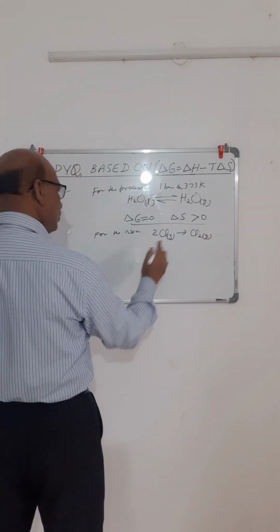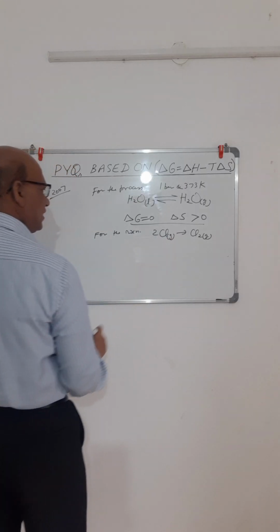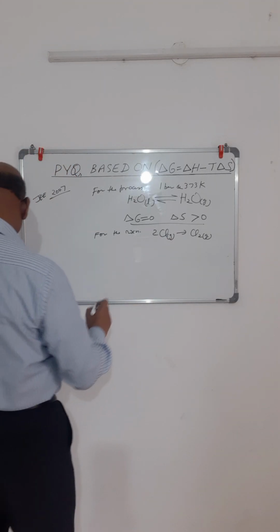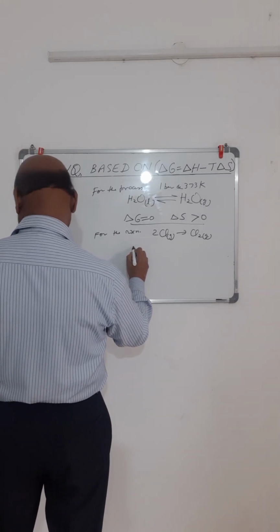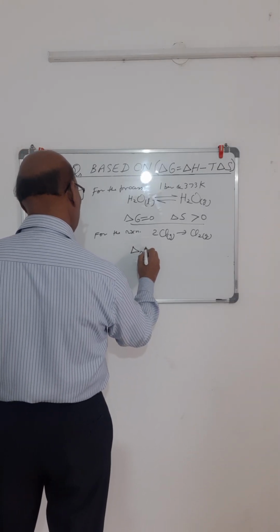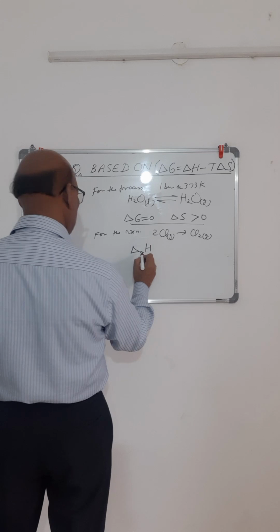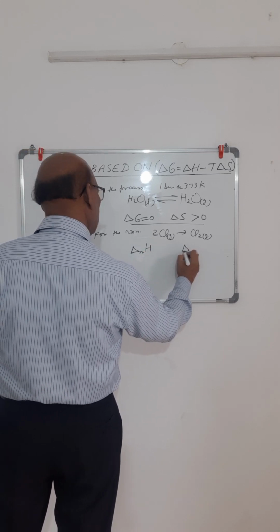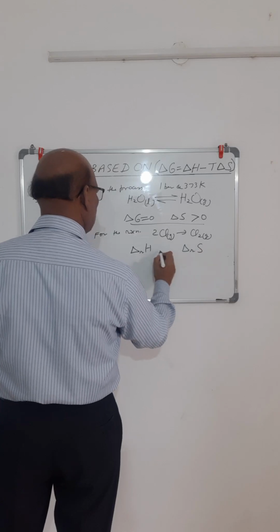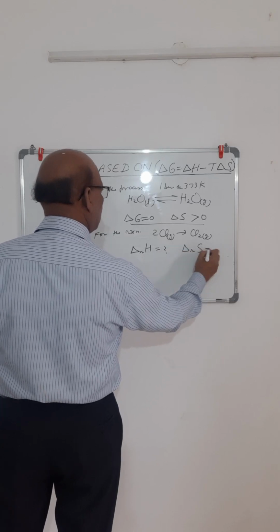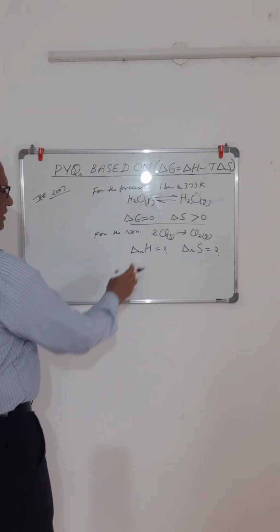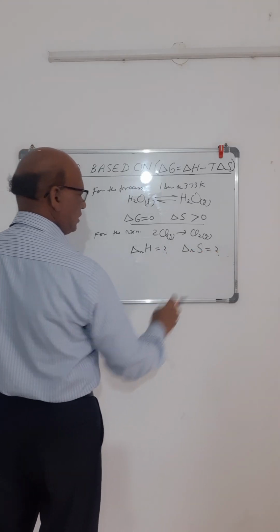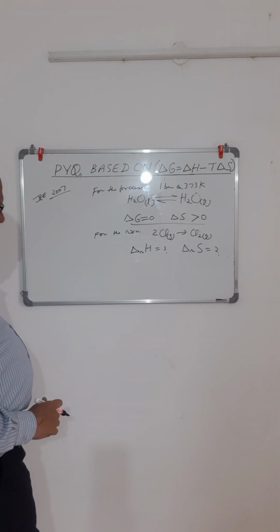Means there are two chlorine atoms combining to make a chlorine molecule, and we have to find the correct sign of delta RH, means heat of reaction, and the sign of delta RS, whether it will be 0, negative or positive.